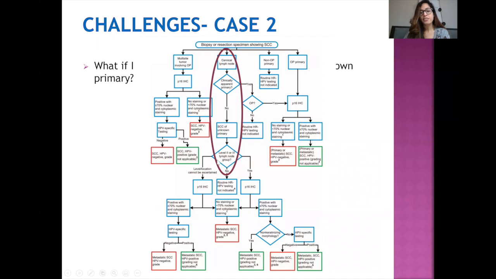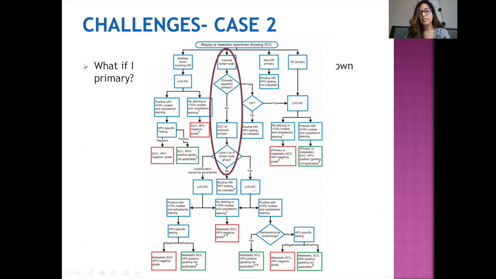The next thing that has to be ascertained is whether the lymph node involved is a level 2 or level 3 lymph node. If it is in fact a level 2 or 3 lymph node, you perform P16 immunohistochemistry, and the positive cutoff is the same. So you still use that to determine if it's positive.